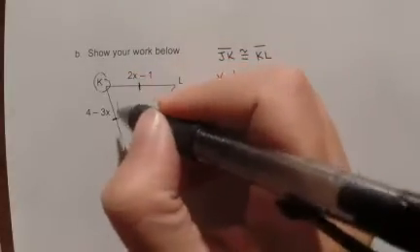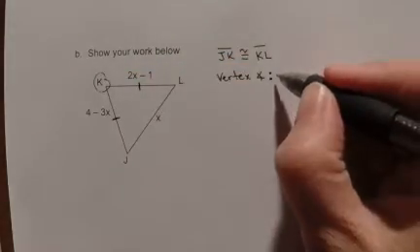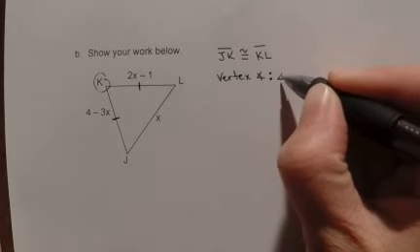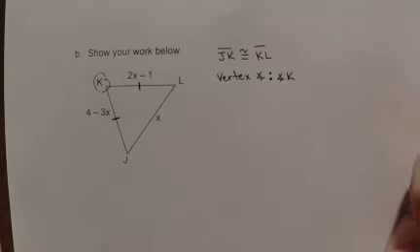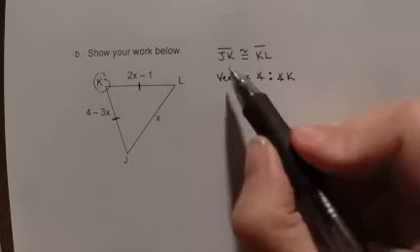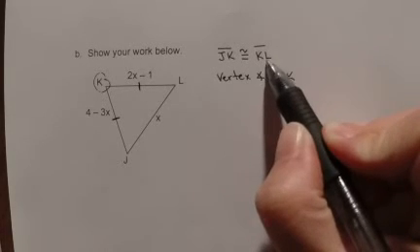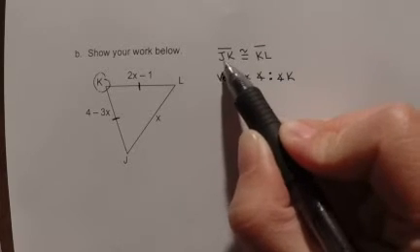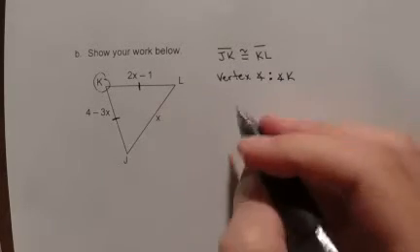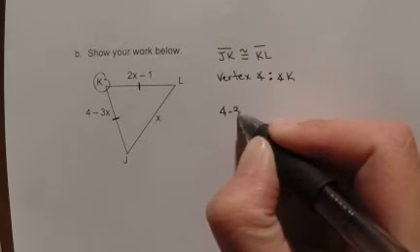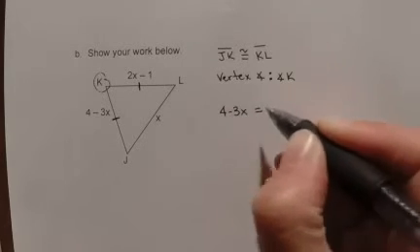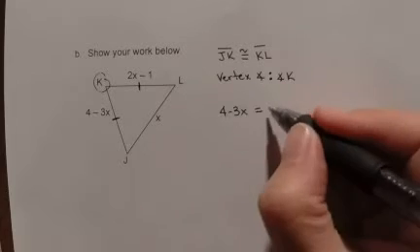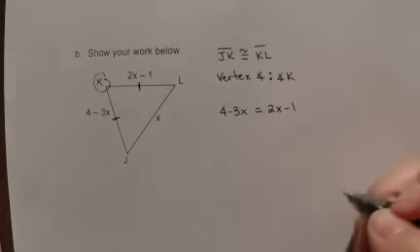So K is what's between the two, therefore the vertex angle is angle K. Not really too important, just something to know. So if JK is congruent to KL, that means that I can set these two things equal to each other. Well, JK is 4 minus 3x, and that's supposed to be equal to KL, which is 2x minus 1.